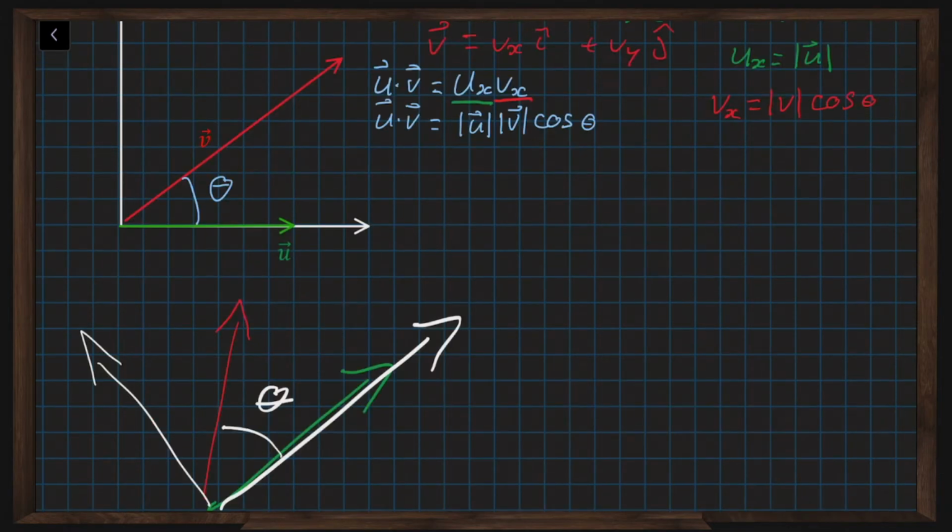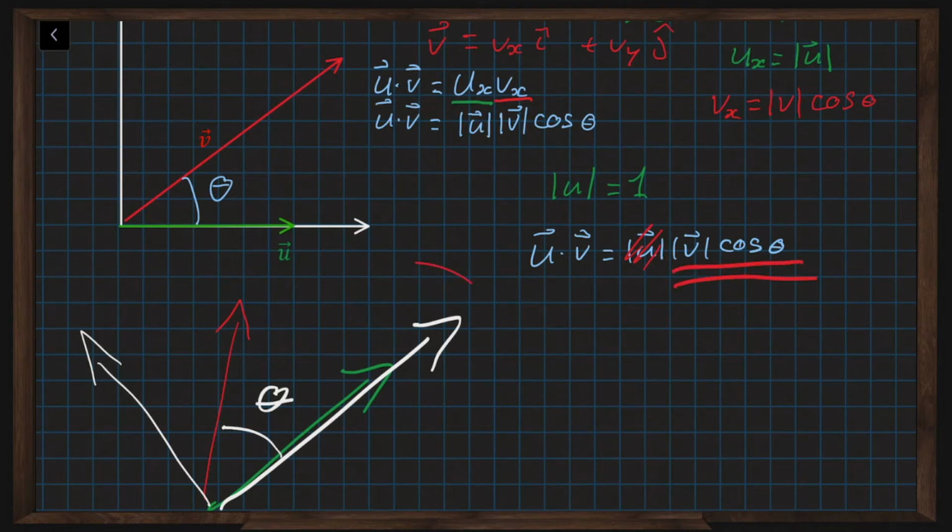But now, what if we set the magnitude of u to be equal to 1? What happens then? Well, u dot v is equal to the magnitude of u times the magnitude of v cosine of theta. Well, this u then falls away because it's equal to 1. And we see that we have the x component of the vector v.